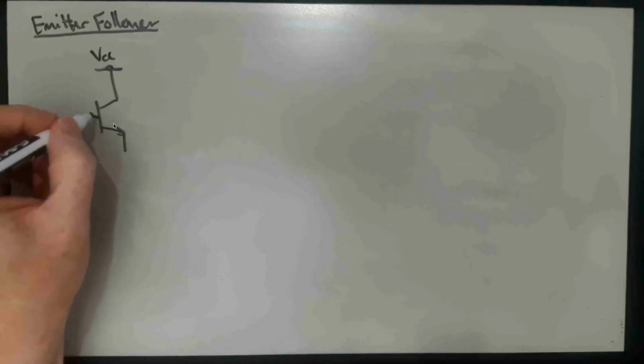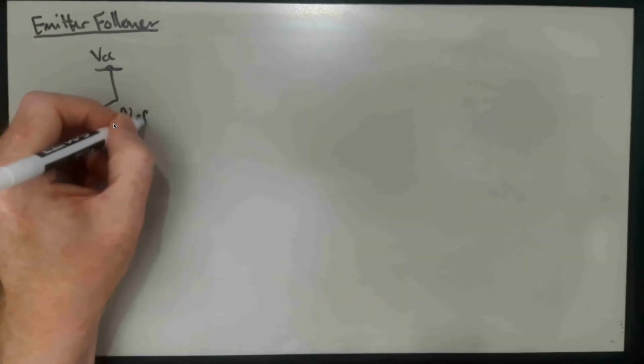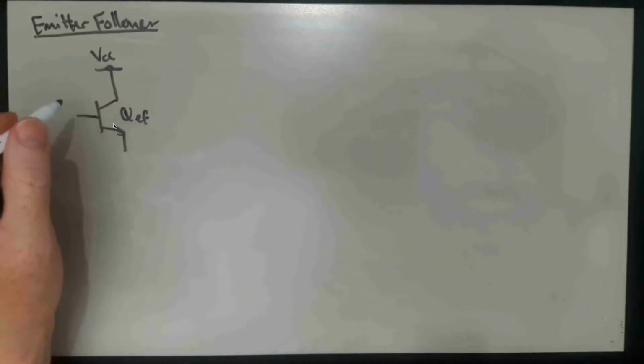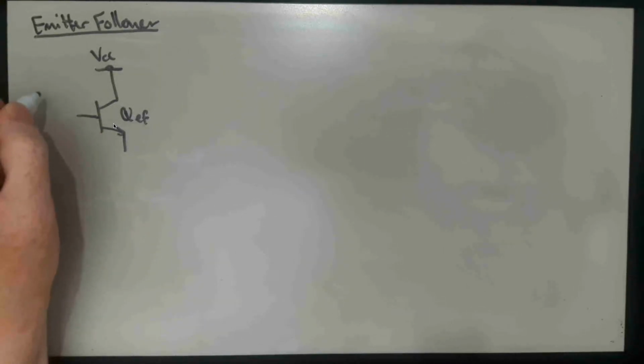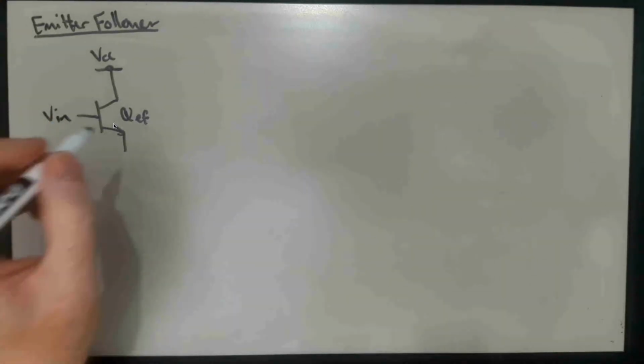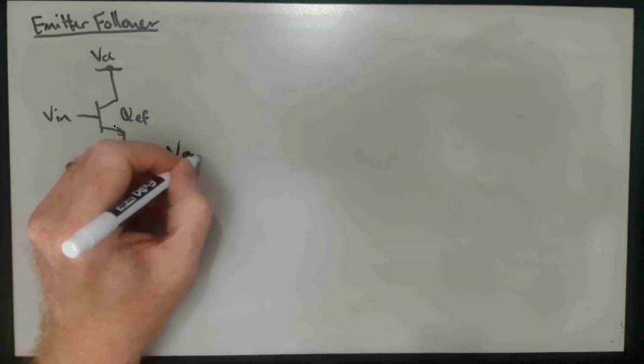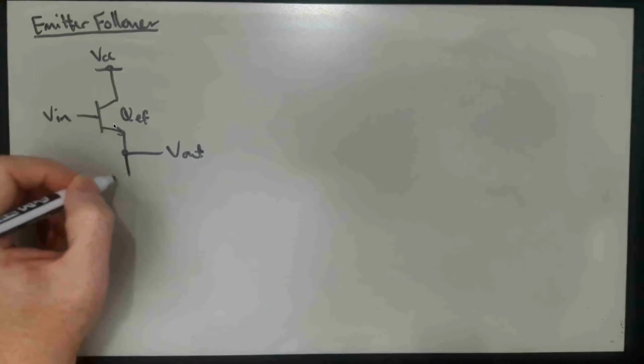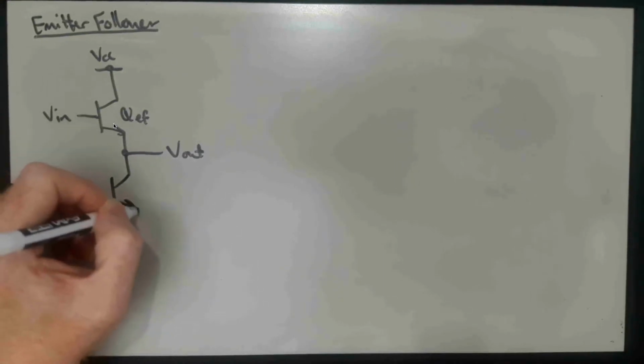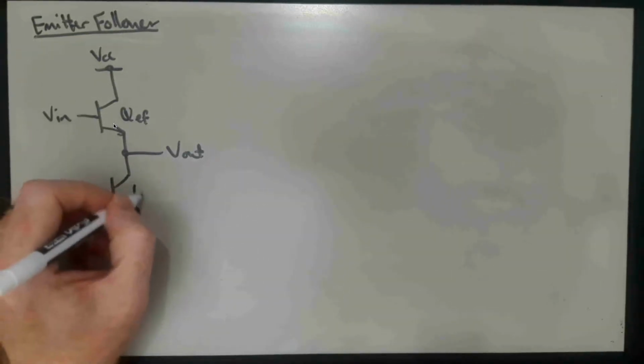The top one is called the emitter follower transistor, QEF, and the collector of that transistor is tied up to the positive power supply, which we'll call VCC, typically in the context of bipolar circuits. And the input voltage comes in on the base. The emitter voltage is the output, and that's also the collector of our bias transistor, Q bias.